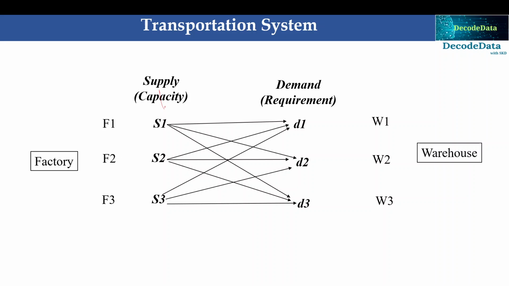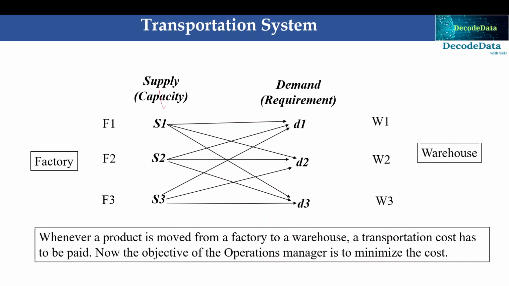This is my challenge, right? So being an operations manager, my challenge is what? My transportation cost should be minimum, that is normally known as optimum cost, and all the product will be transferred from one place to another place. Clear? So this is what the situation is.